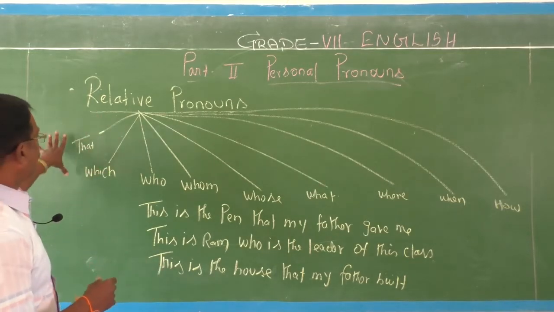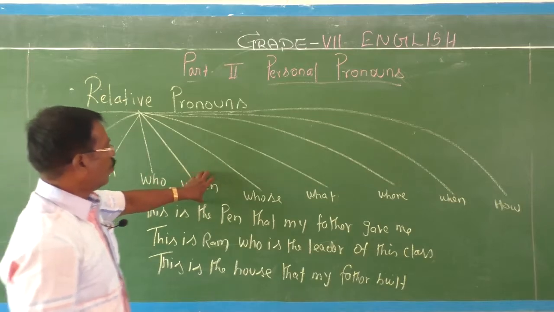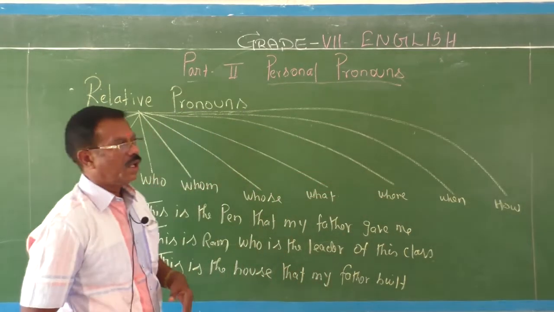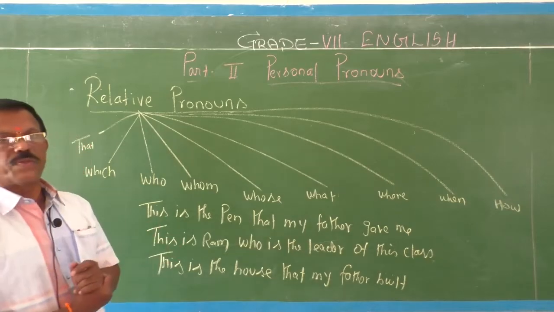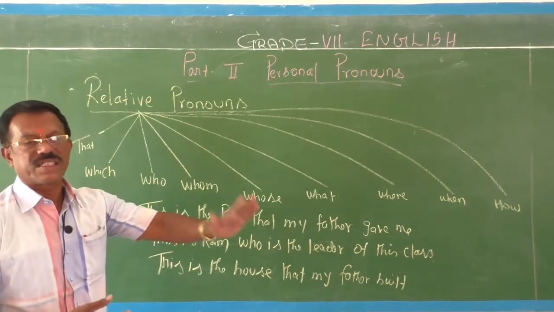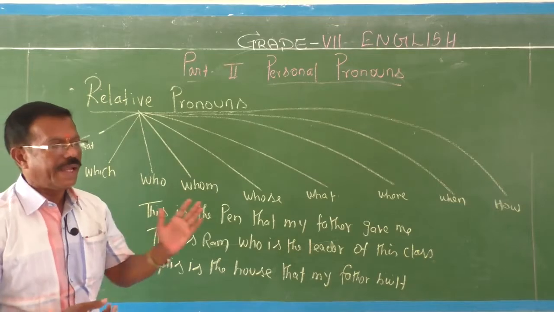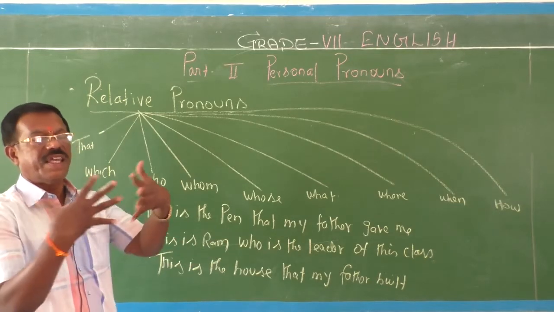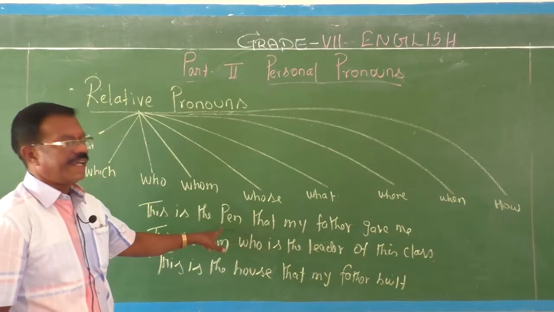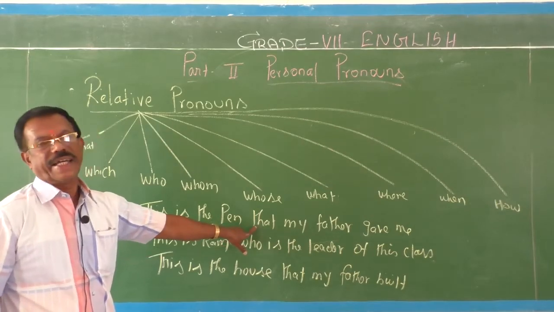That, which, whom, whose, what, where, when, how are called the relative pronouns. Why do we call them relative pronouns? Because they just relate the antecedent with the remaining part of the sentence. This is the pen: the pen is the antecedent of the relative pronoun that.